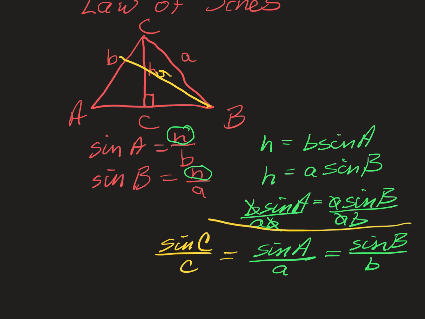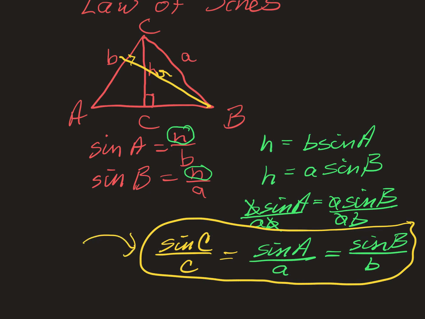This creates what we call the law of sines, okay? These three ratios are all equal to each other. And so what it means is that because we can draw an altitude in any triangle, if we know a couple sides and a couple angles of a triangle, then we can find the missing sides, and we can use the law of sines to do that.